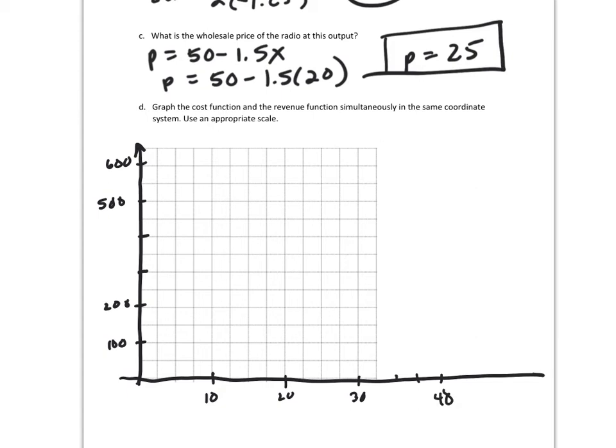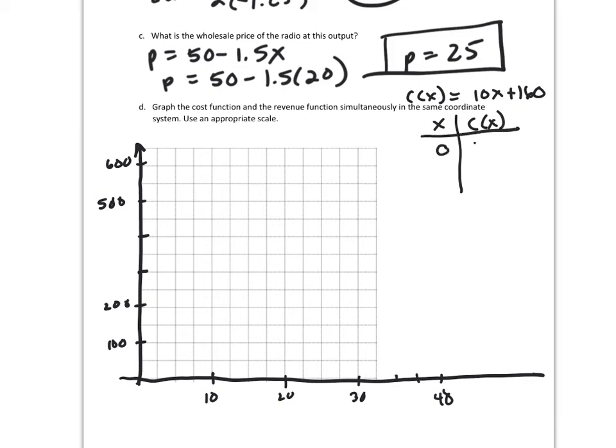All right, if you look back at the first page, part where we let revenue equal cost, that will be the intersection points where x is 4.7 or x equals 27.3. My cost equation is 10x plus 160. That was also given. I'm going to do some ordered pairs. X and c of x, which is just y.